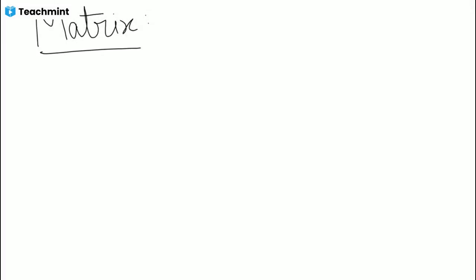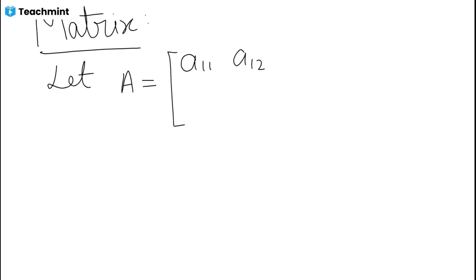For example, let matrix A have elements like A11, A12, A13, A21, A22, A23. So this is a rectangular arrangement of elements.